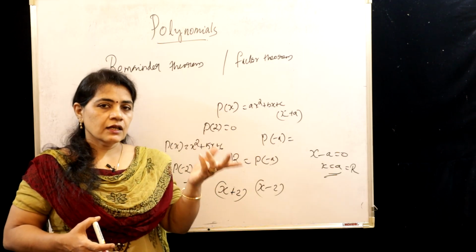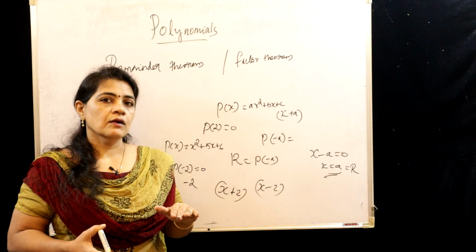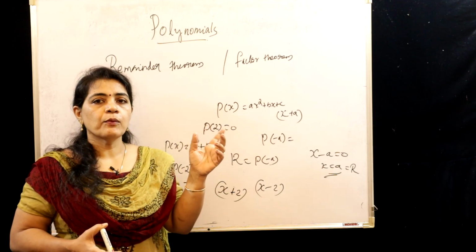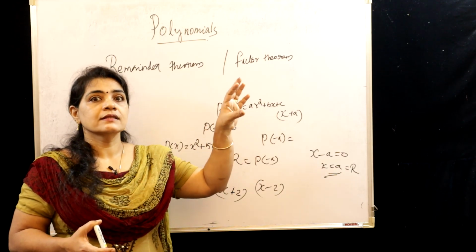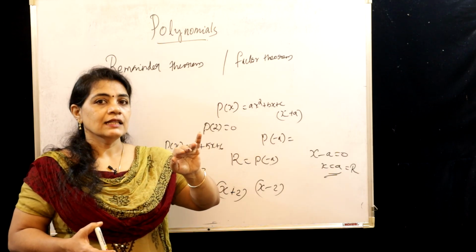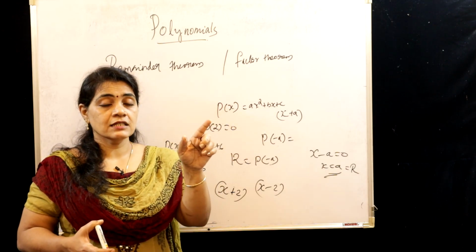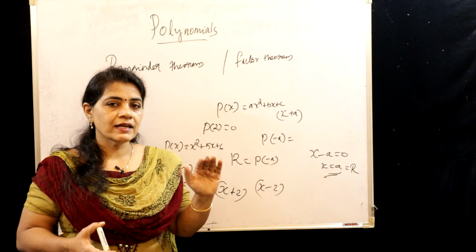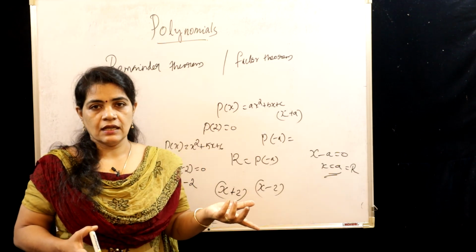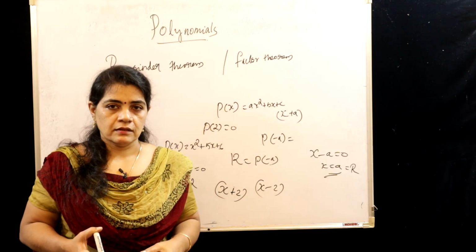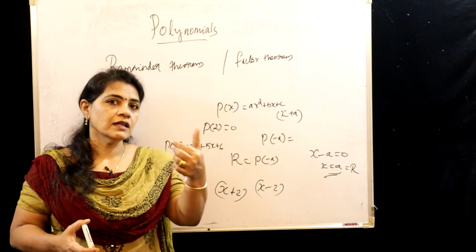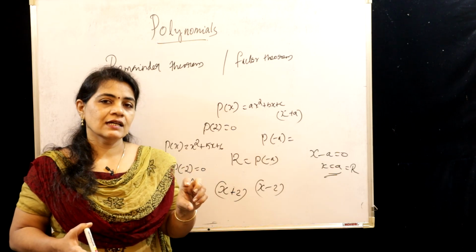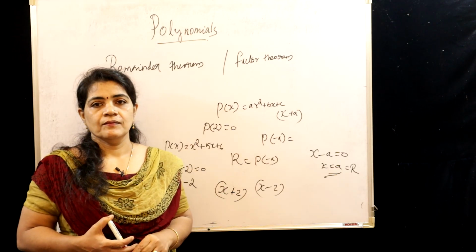In other words, in order to get the remainder, if you are dividing a polynomial by x plus 3, then x equals minus 3; if you replace x with minus 3, you will get the remainder. In that case, if the remainder is 0, you can say that x plus 3 is a factor.